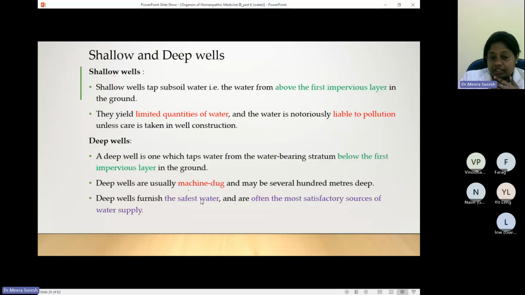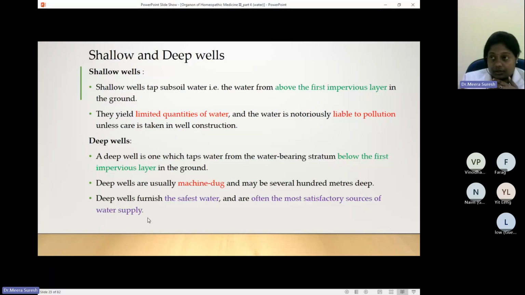The deep wells furnish the safest water and are often the most satisfactory sources of water supply. So up to now, of all the water sources we have learned, we saw the rain, the surface waters, the river, streams, tanks, then the sea water, and then we came to the groundwater.